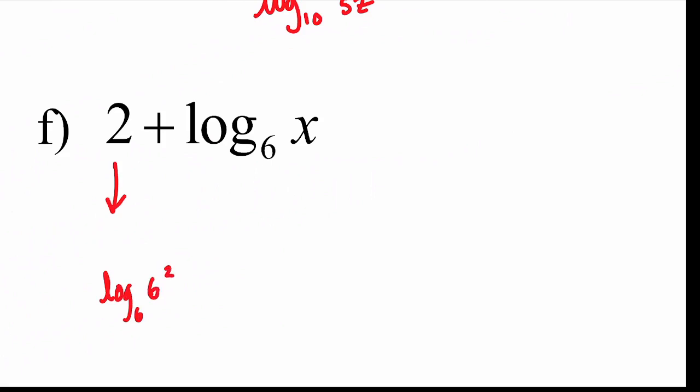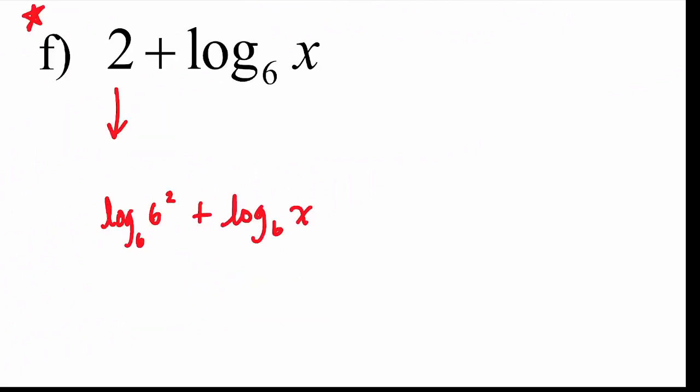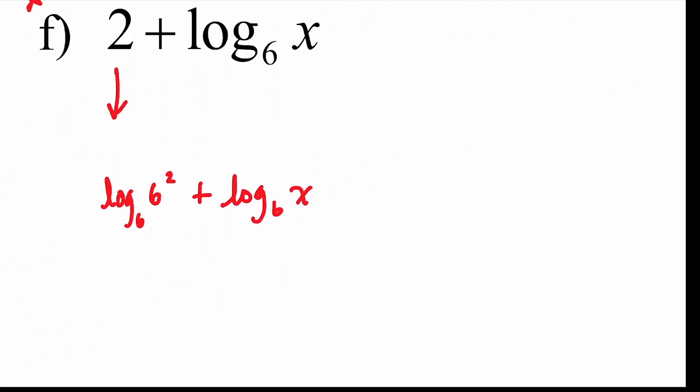Take a second, and do you agree with why I would do something like that? Because it's still the same thing as 2. Let me put a star by this one so you can recall that specific skill that might help you with any particular problem like this. And now that the bases are the same, I can actually do the properties with these 2 logs. So really I have log base 6 of 36x.